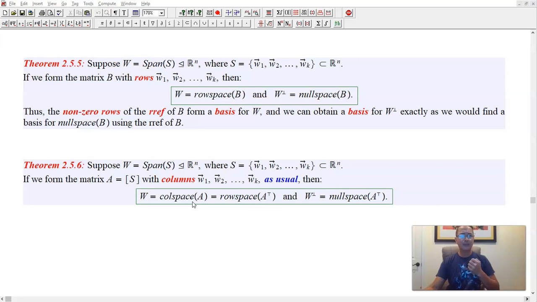But we said before that if you turn rows into columns or columns into rows, what you get is the transpose.